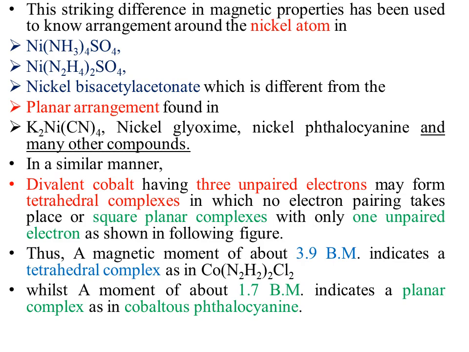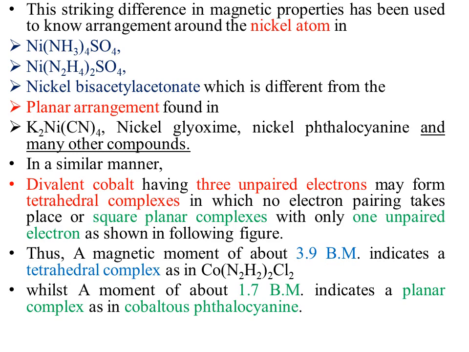This striking difference in the magnetic properties has been used to know the arrangement around the nickel atom in the following complexes: tetraamine nickel sulfate and hydrazine nickel sulfate, nickel bis-acetylacetonate, which is different from planar arrangement.